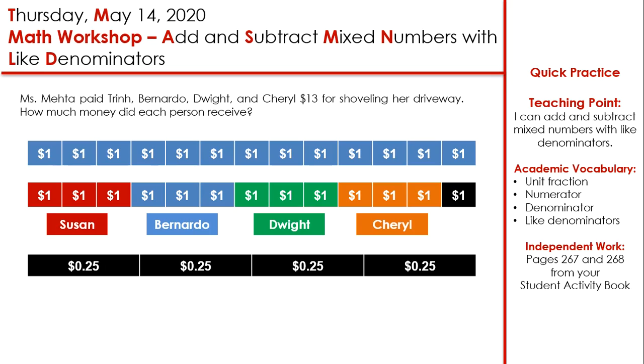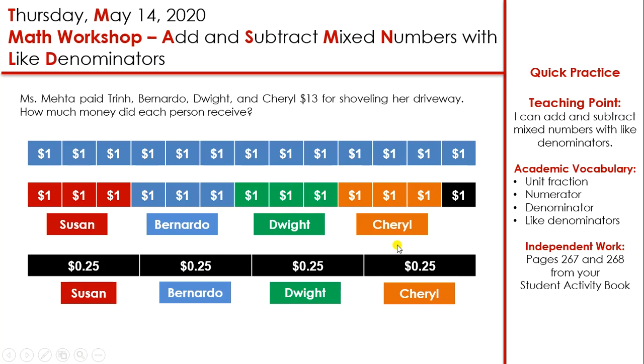And I know that if I divide $1 into 4, I will have 4 coins of 25 cents. So if I include 25 cents to the previous amount that each one of them had, I will notice that I will have $3.25 in every case.